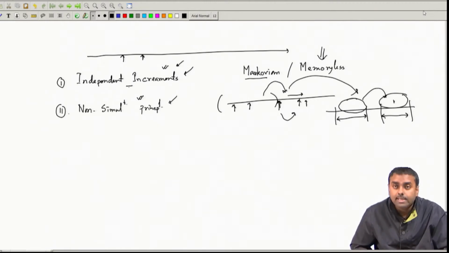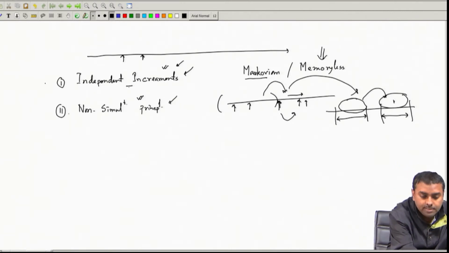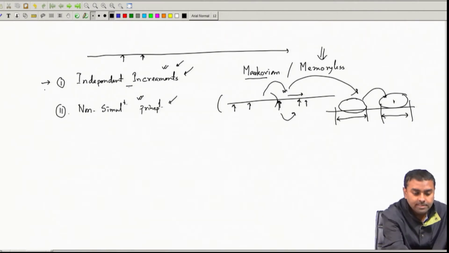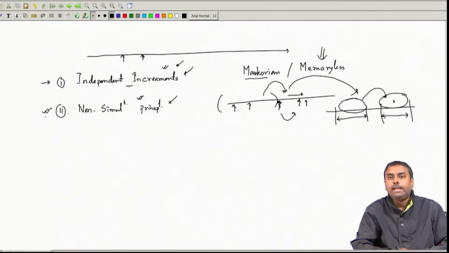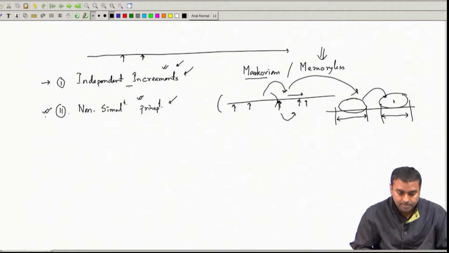It does not require any extra description. The first point is very typical of Poisson, because of that point it has become Poisson. Any arrival, this non-simultaneity principle will always be true, but independent increments is the property of the Poisson process.